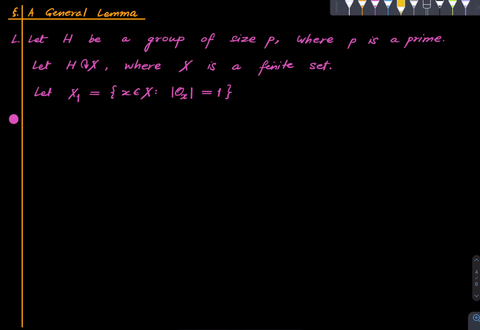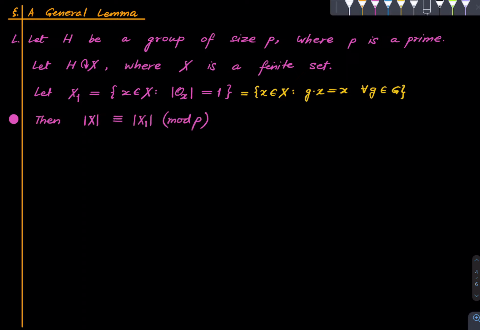Note that this is the same as those elements of X which are fixed by everything. Just realize that, not that we need it, but still. So the conclusion is that the size of the set X is congruent to the size of set X1 modulo P. It's actually very easy to prove this, so let's do it quickly.